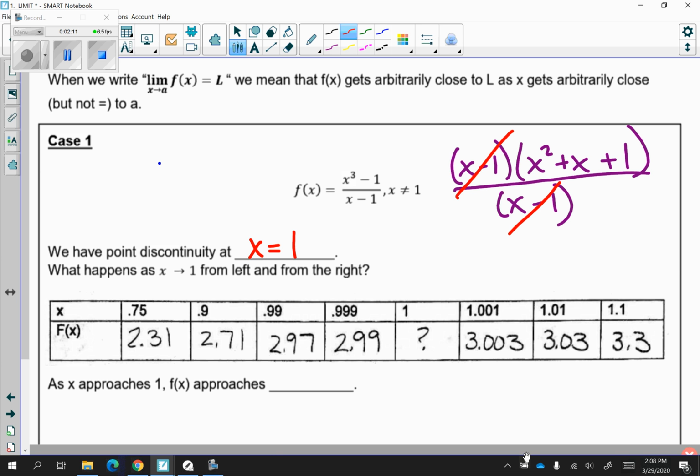We can obviously see that it's approaching 3 from both the left and the right. So therefore, the limit as x approaches 1 of f of x, which is x cubed minus 1 over x minus 1, is equal to 3. And that's our first case, where we would look at a table to see what number the value is approaching from left and right.